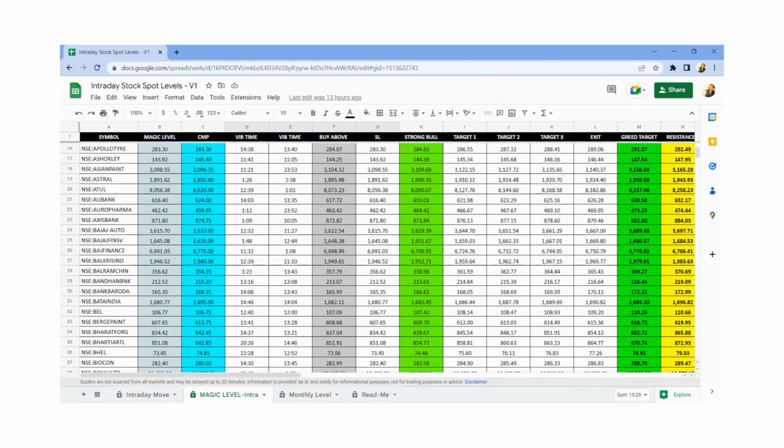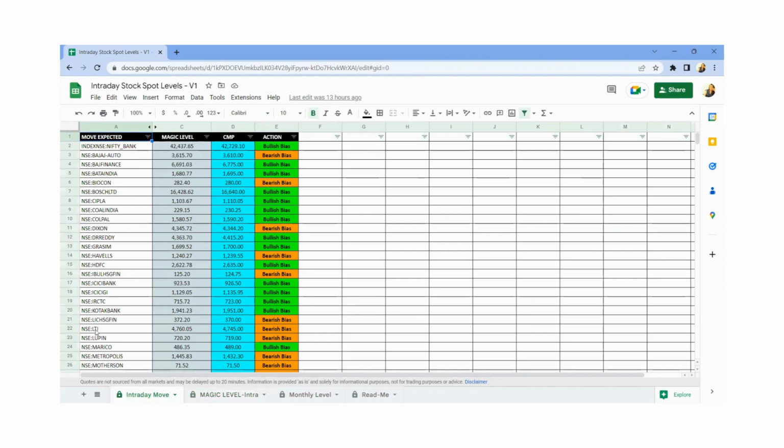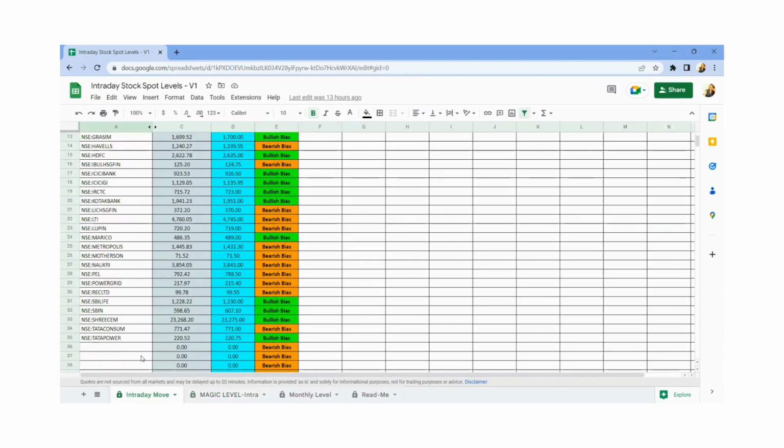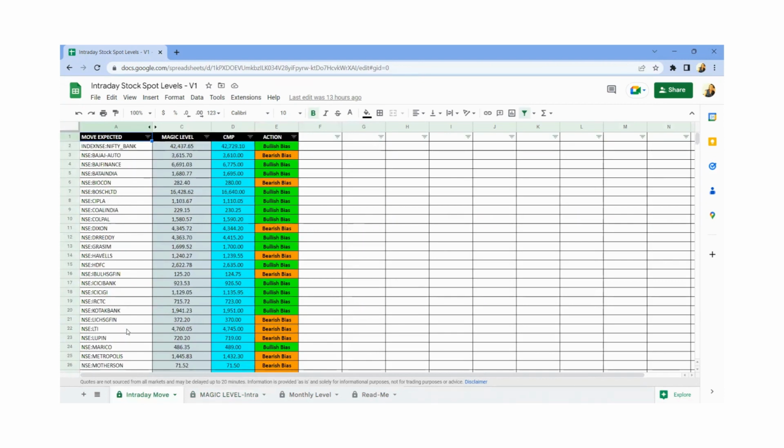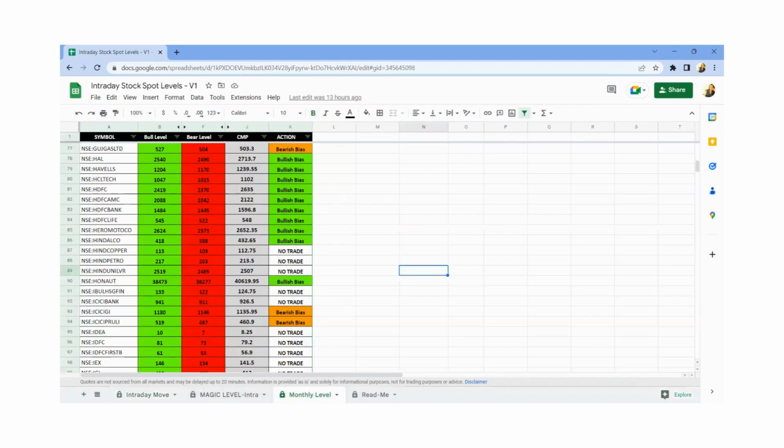If you're having an issue deciding in which stock or index a move will come the next day, from an intraday perspective, what will have a move is something we will confirm based on this intraday move tab, from which you can find out which stock may move on the next working day, or next trading day. Those details will also be given out here, and these two tabs are purely for intraday players. If you are a positional player, this is what you should look at.